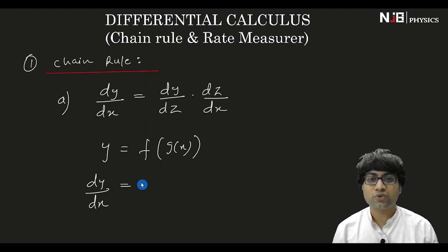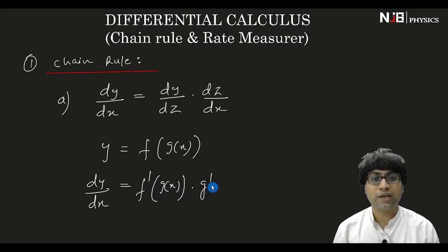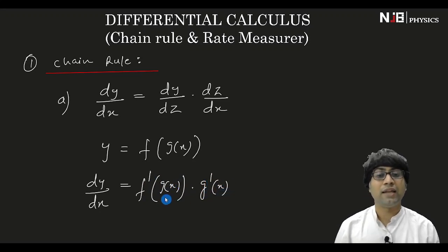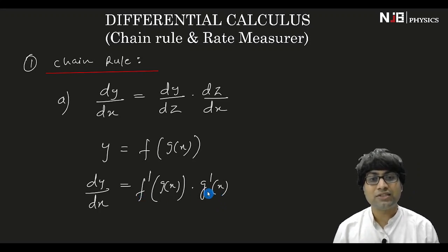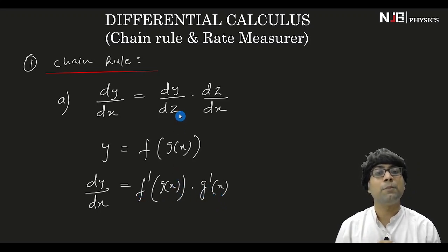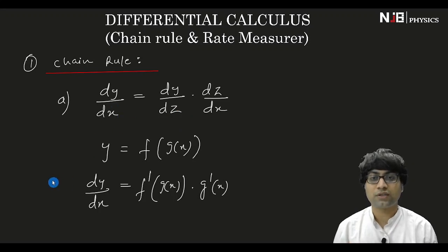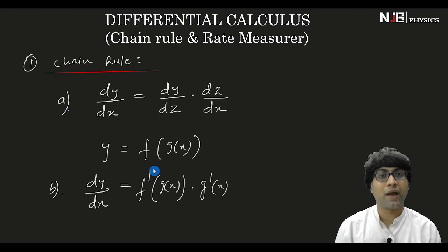Therefore it is going to become f prime of g of x multiplied by g prime of x. The first differentiation is with respect to g of x and the second is with respect to x, and in this situation g of x is nothing but z in the first situation. Therefore the chain rule can be understood in these two different formats.